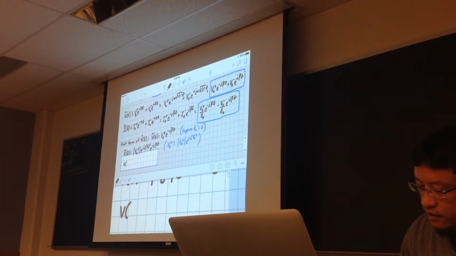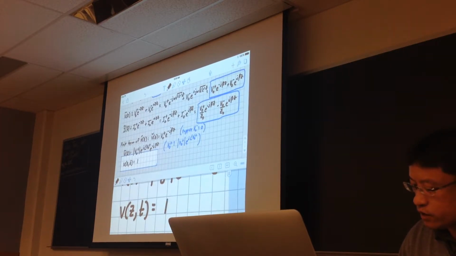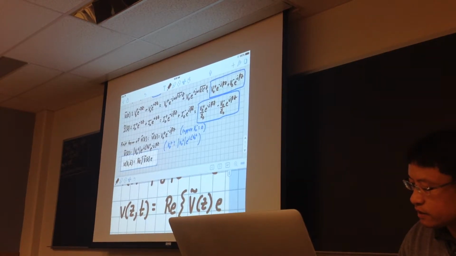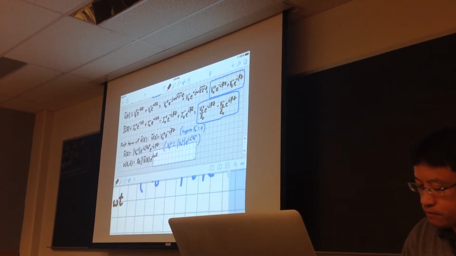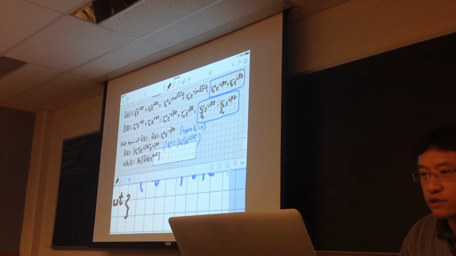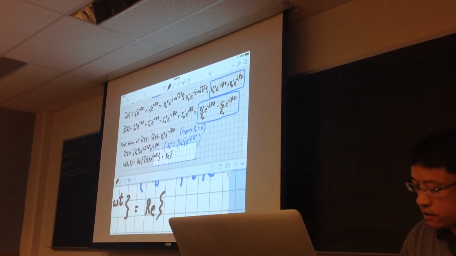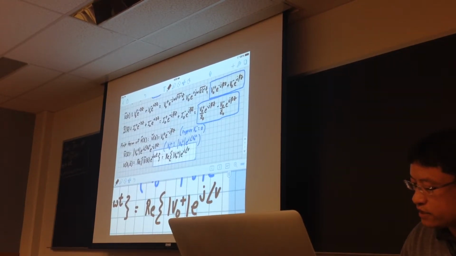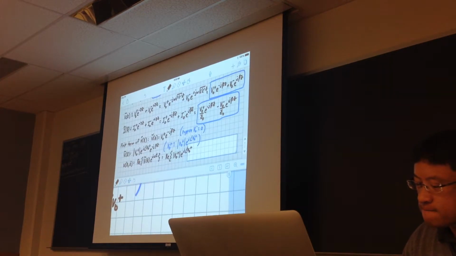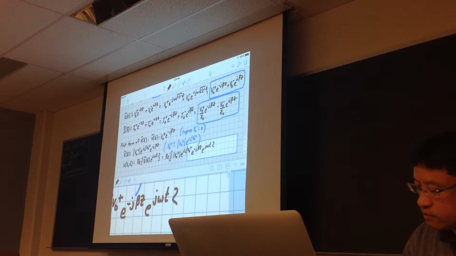So v of z and t is going to be the real part of the voltage phasor times e to the j omega t. And so that's going to be the real part of the magnitude of V0 plus times e to the j times the phase angle of V0 plus, times e to the minus j beta z, times e to the j omega times t.